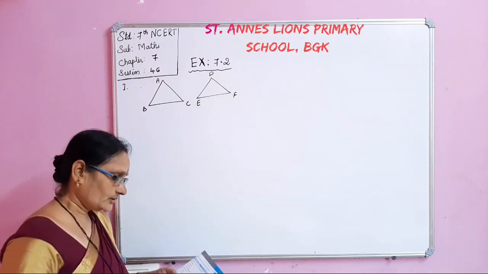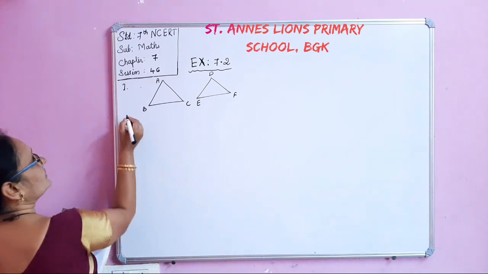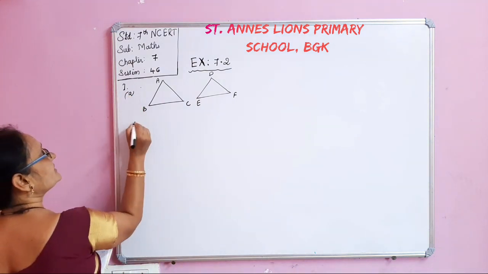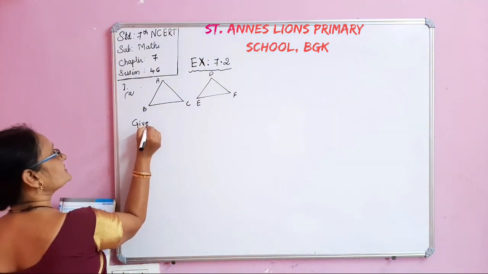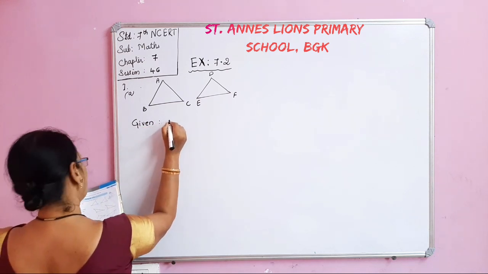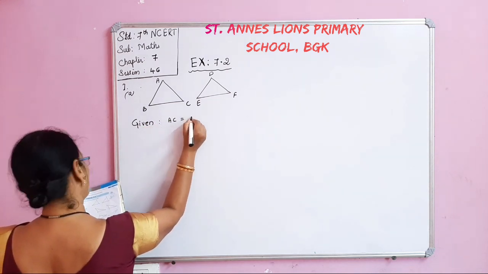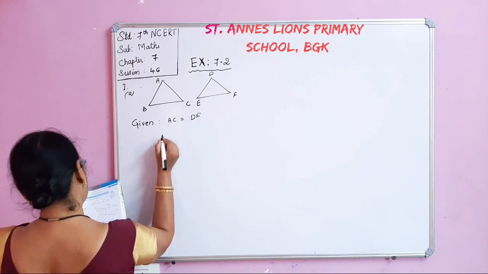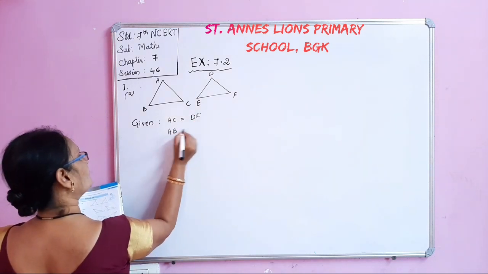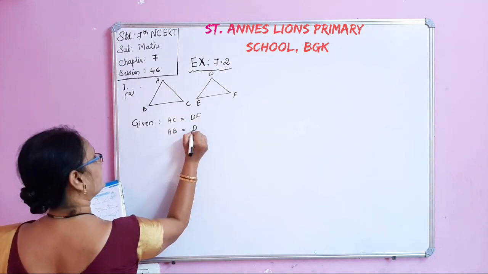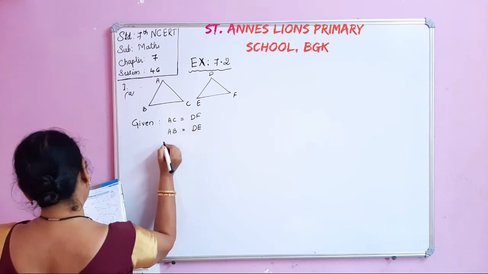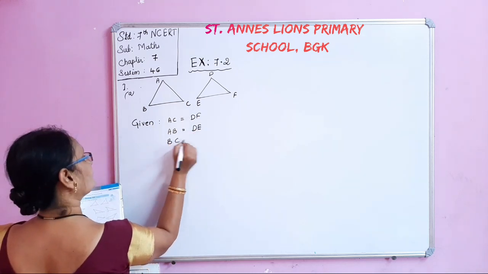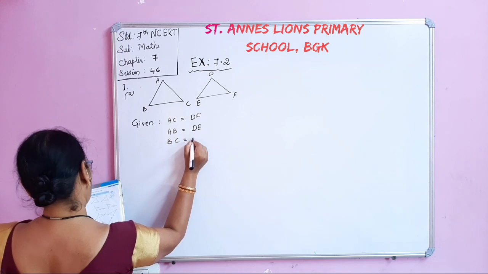In that, what is given? AC is equal to DF, AB is equal to DE, BC is equal to EF.